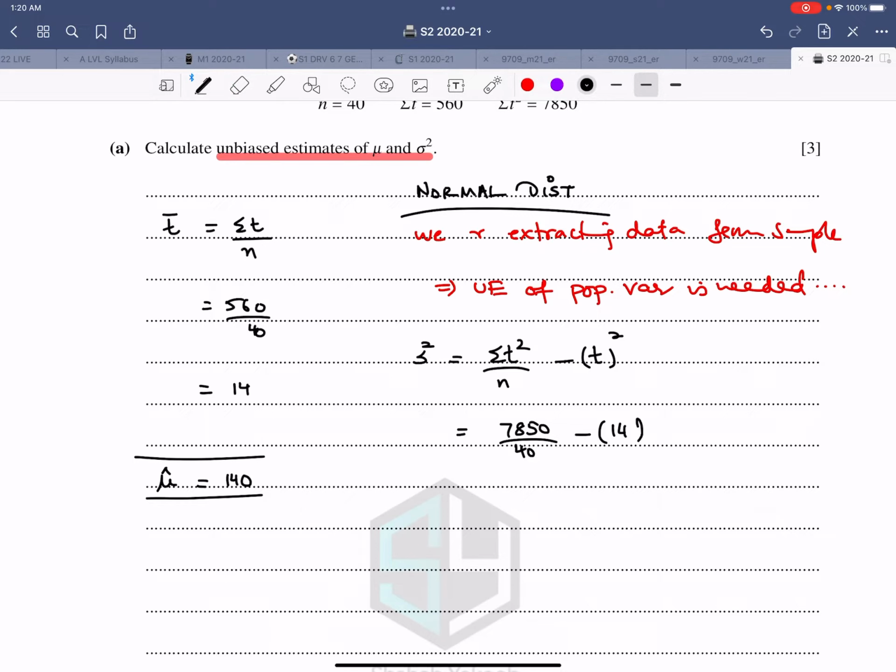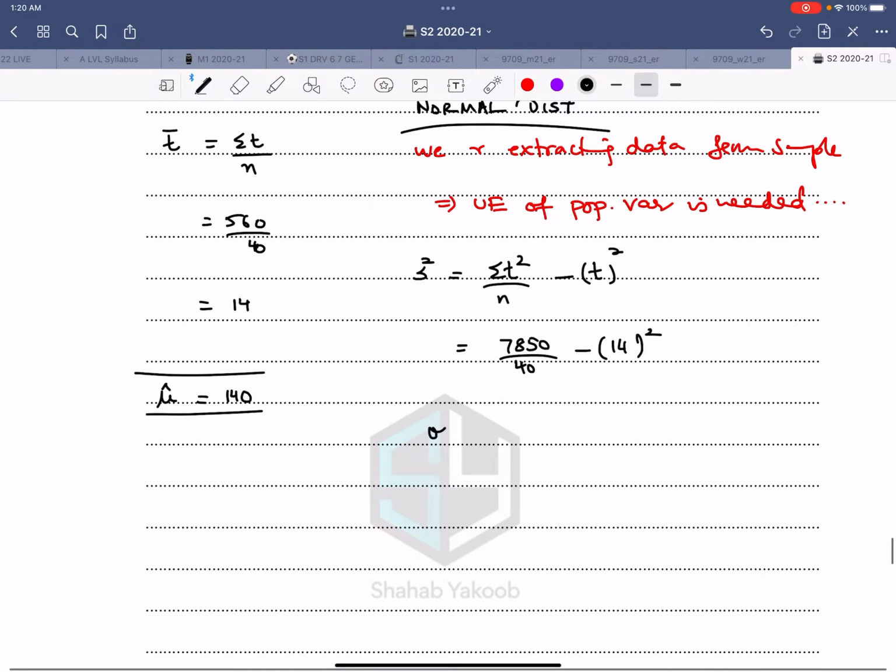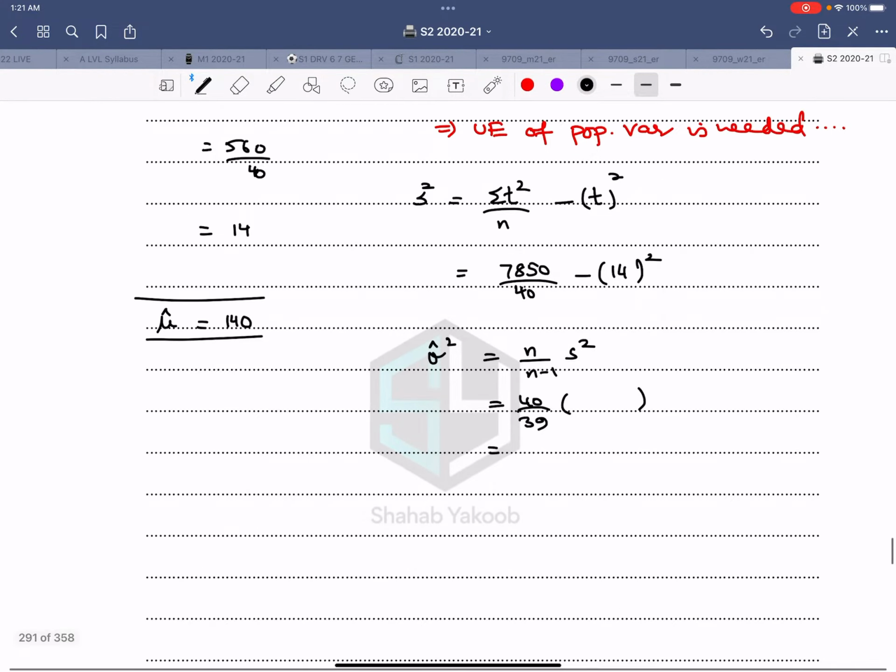So this is 14 square, and then unbiased estimate of population variance, it's N over N minus 1 times sample variance, that is 40 over 39 into whatever this value is, and then at the end what you get is 0.25641. So the answer would be 0.256 correct to 3 significant figures.